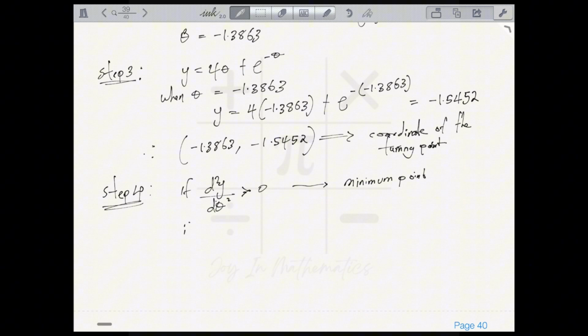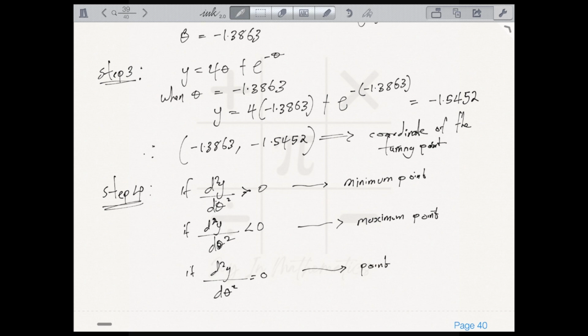And if d²y/dθ² is less than 0, the point signifies a maximum point. And if d²y/dθ² is equal to 0, the point signifies that of inflection.